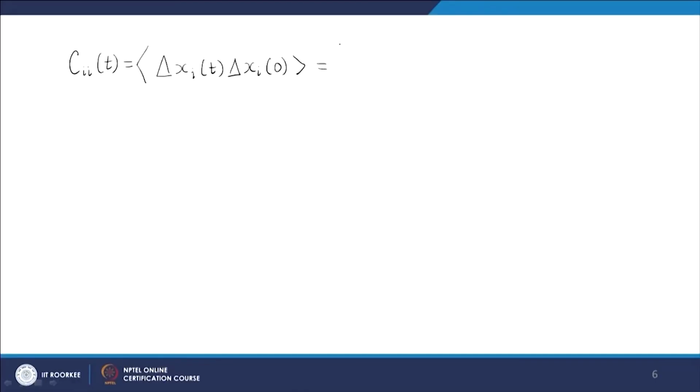So, in this case I set t prime to be 0 and t minus t prime to be t. So, by time translational invariance, this has to be equal to delta xi 0 delta xi minus t, because again we have a difference of t, 0 minus of minus t is t.